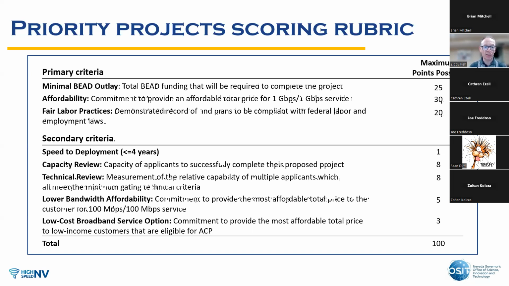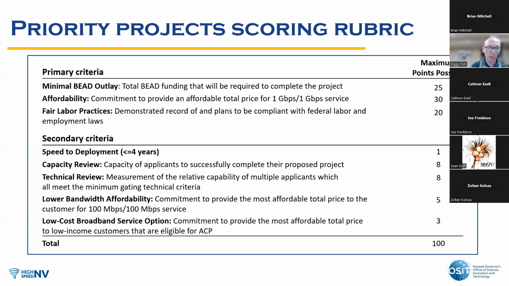And so we're interested in the extent to which you can offer lower bandwidth affordability. So similar to the affordability one up in the primary criteria, but for a lower 100 by 100 megabit per second service. And then finally, low-cost broadband service option that relates to the most affordable total price for low-income applicants.